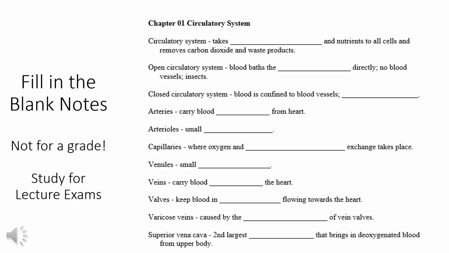I could ask, in a blank circulatory system, the blood bathes the organs directly. A, open, B, closed. It's going to be A, open. True or false? A closed circulatory system has no blood vessels. That's actually false. It's an open circulatory system that has no blood vessels. Give an example of an organism with an open circulatory system. Insects.